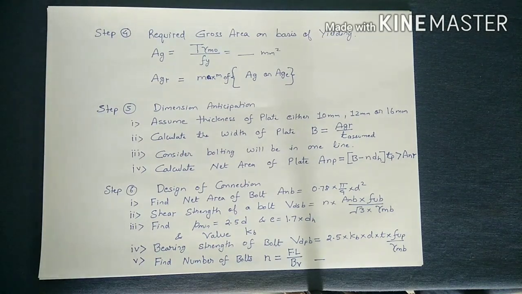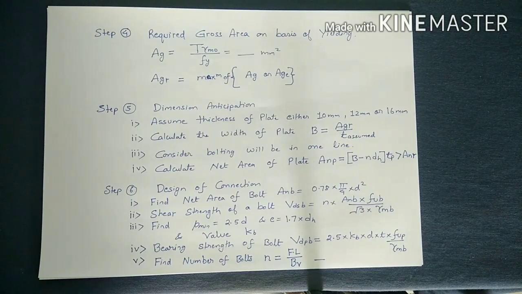Now step number 6, design of connection. So first find the net area of the bolt, that is ANB, which will be equal to 0.78 into pi by 4 into d square. Second is your shear strength of the bolt, that is VDSB. As I have taught you earlier, it is number of shear planes into ANB into FUB upon root 3 into gamma MB.